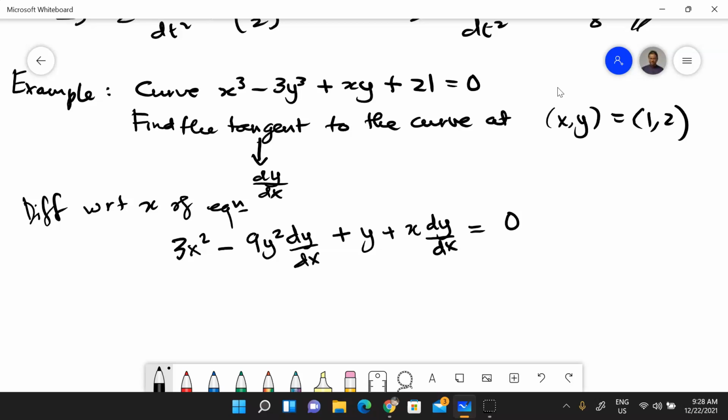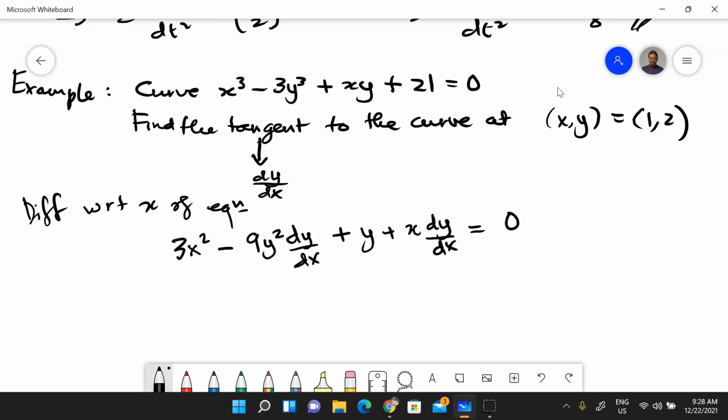so it looks okay. If I want to find dy/dx in a much more general fashion, it's still complicated because there's a y term here which we do not know what it is as a function.